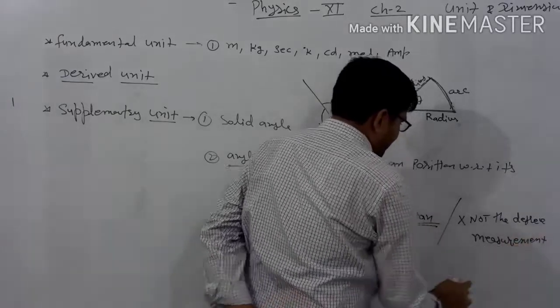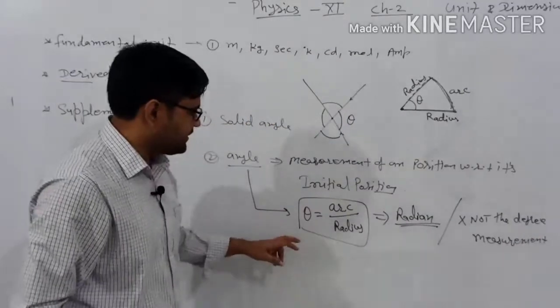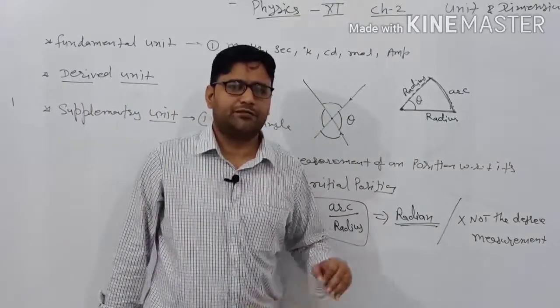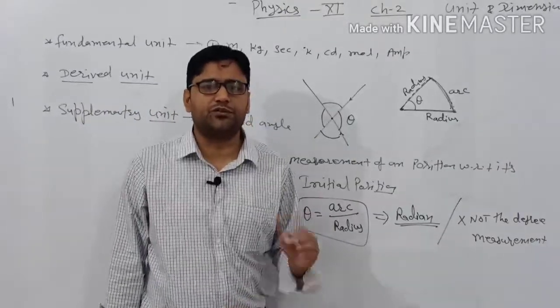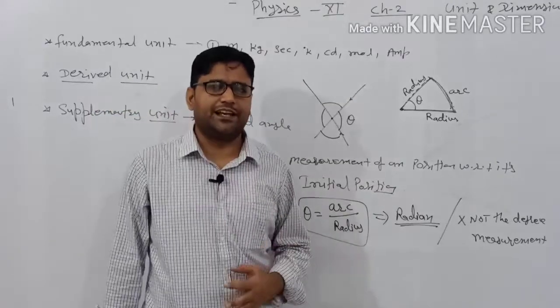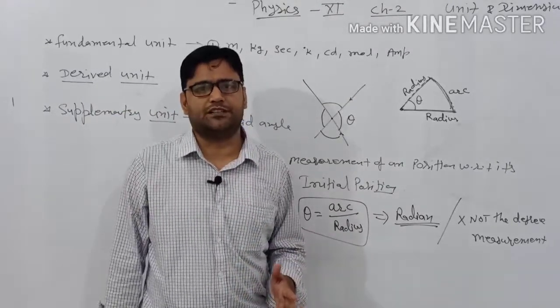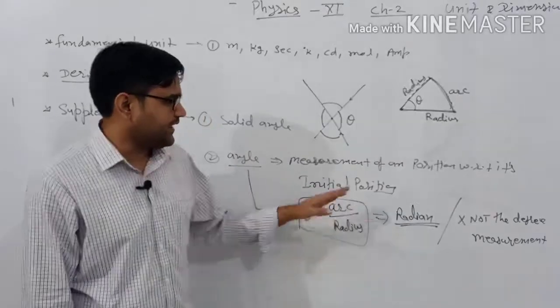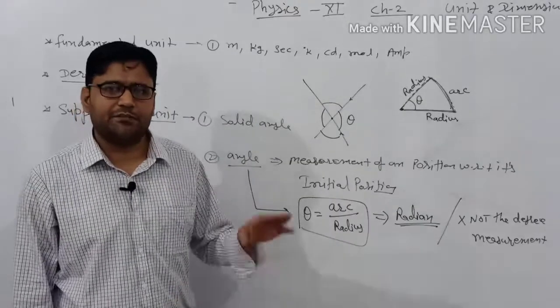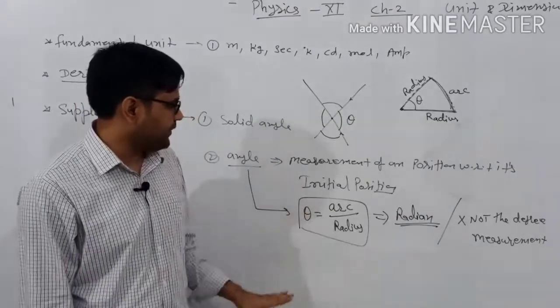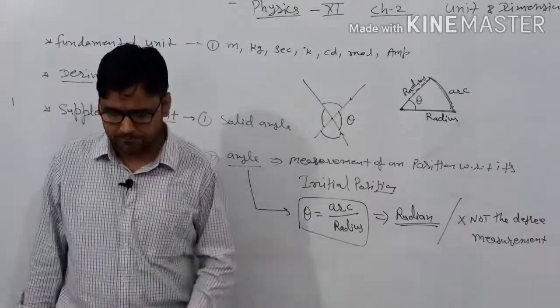The common mistake is that we use this formulation arc upon radius and get the result, and after that we forget to convert the result into degrees. We directly put it down as the answer, but be careful about it. This measurement is always related to the radian measurement. ये हमेशा radian में होगा, degree में नहीं होगा. That's why it is important. Okay, take a screenshot.